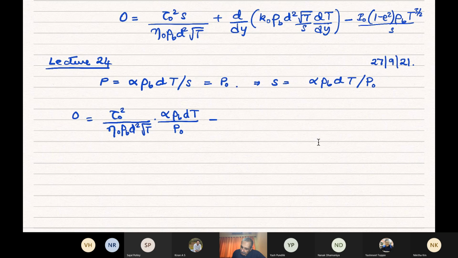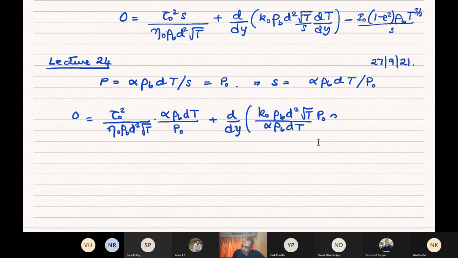Then in the second term, we'll have d by dy, K0 rho b d squared into square root of t, and then we substitute for s, which is just alpha rho b d T by P0.